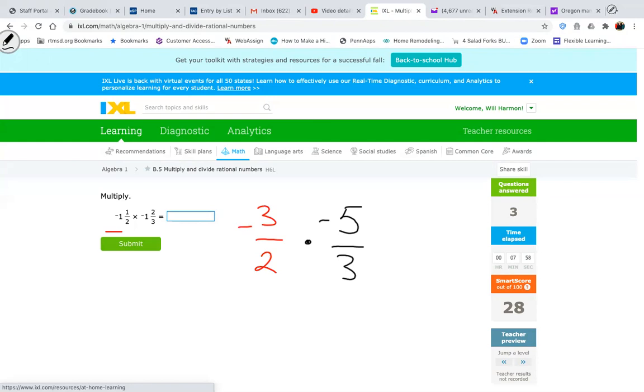Make sense now? Uh-huh. Now, when we multiply across, Joe, we do -3 times -5, that's 15. And 2 times 3 is 6. So I have 15/6.